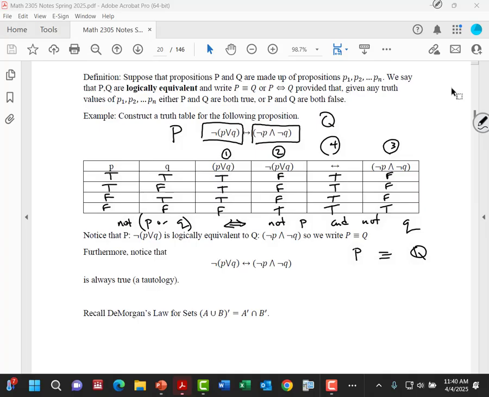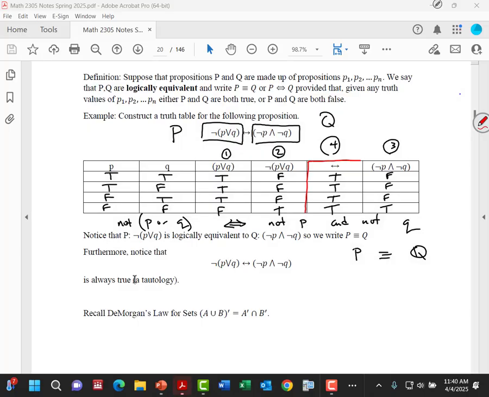Not P or Q is logically equivalent to saying not P and not Q.